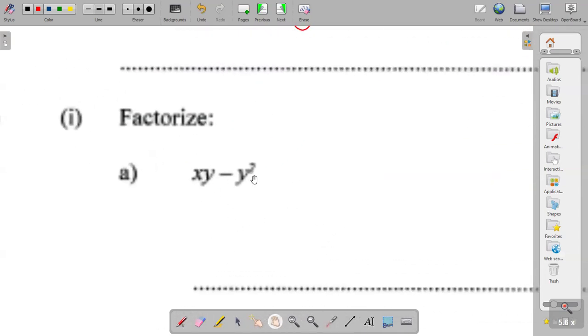First things first, what type of factorization is that? Let me rewrite it so you can see better. Xy minus y squared. So the first thing I want to know, what type of factorization is it? These are the options: distributive, grouping, difference of squares, perfect square, AC rule.